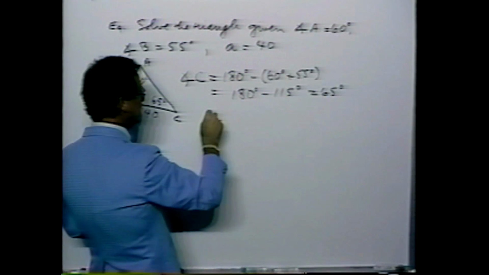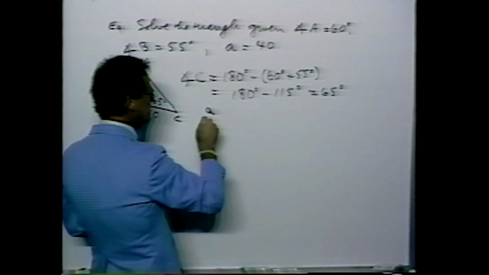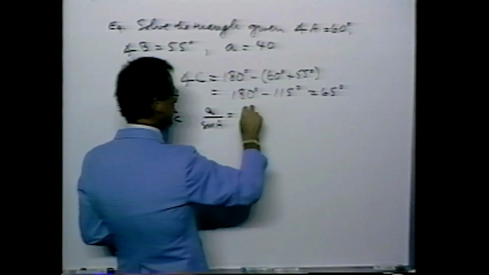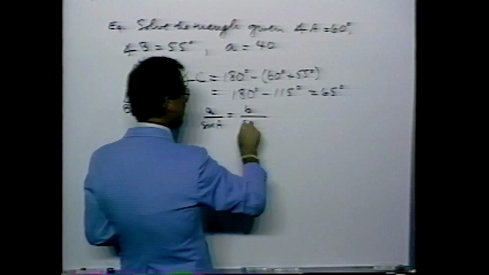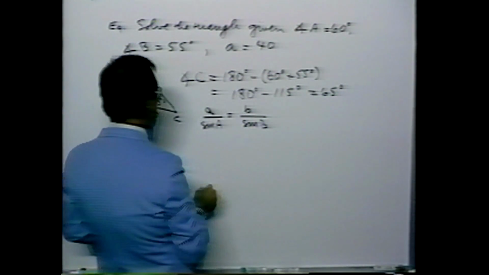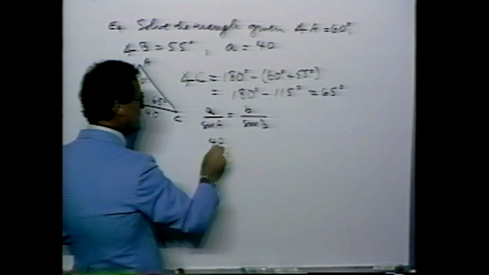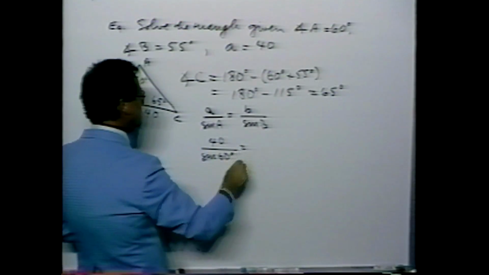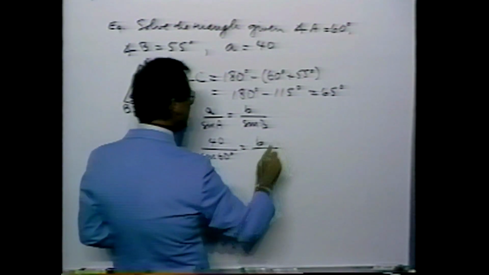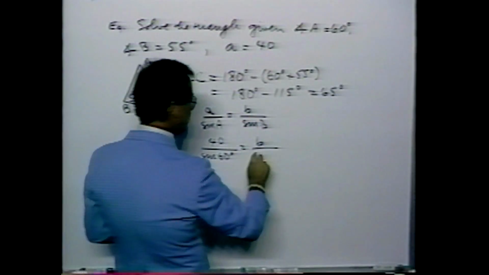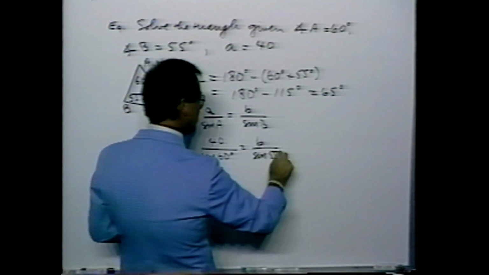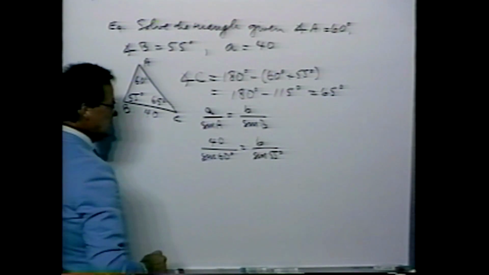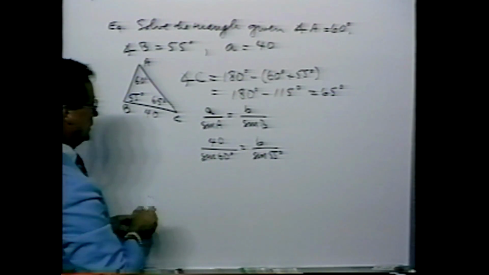So we can write that small a over the sine of A is equal to small b over the sine of B, and make our substitutions. 40 for that, the sine of A is the sine of 60 degrees, followed by B, which we don't know the value of, and finally the sine of 55. Use your calculator to determine the trig functions of those angles.